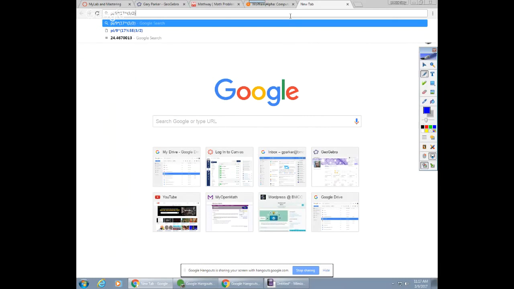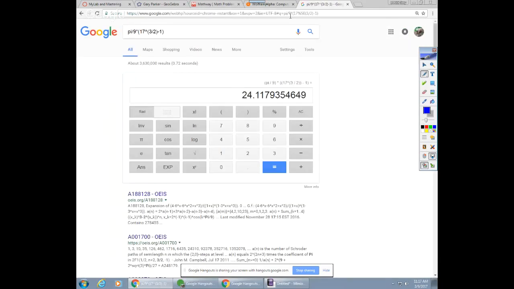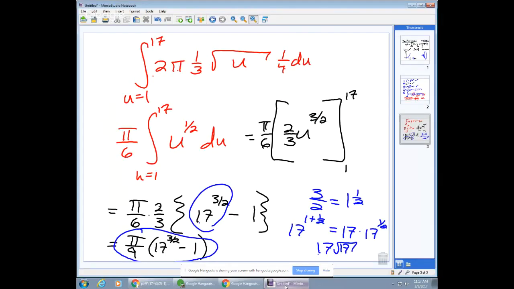Close the power, minus 1, close the product. And my calculator says it's about 24.12-ish, okay, for an approximation. So if I go to the nearest hundredths, this is just a side note, if you like square roots better, approximately 24.12.